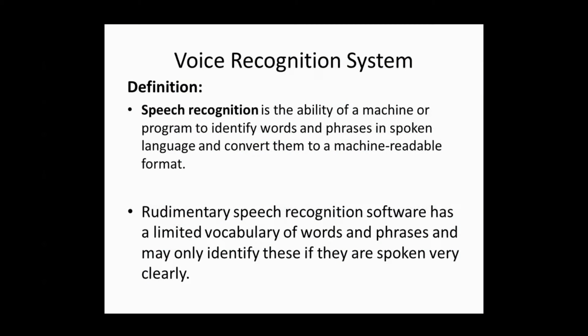The voice recognition system is the ability of a machine or program to identify words and phrases in spoken language and convert them to a machine readable format, which means the ability of a program or software to identify words taken from the user, the human, and transfer them to a machine language that makes the computer understand it.